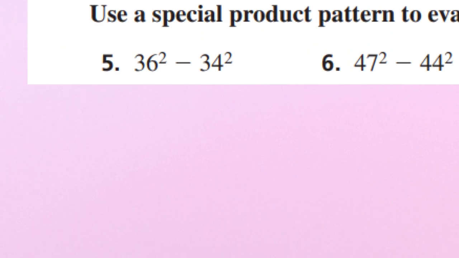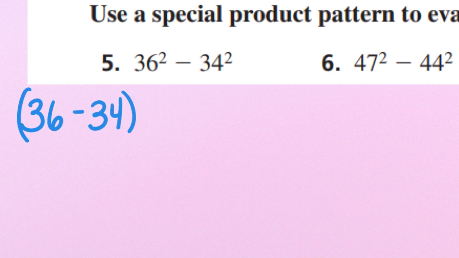Evaluating the expression using the product pattern. So again, we're going to do the difference of two squares. In this case, 36, we know this is telling us it's squared, so we really cannot do anything here to rewrite it, but now it's numerical. So when we see numerical, we're able to break this down into 2, right? Which is going to be 36 minus 34 times 36 plus 34.